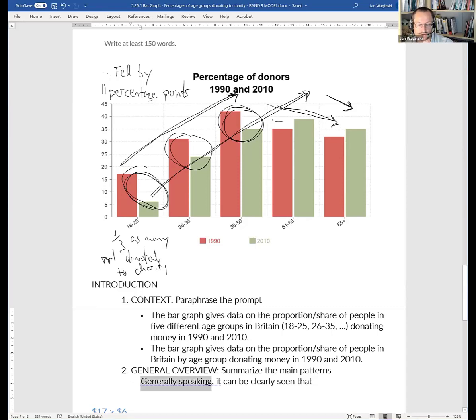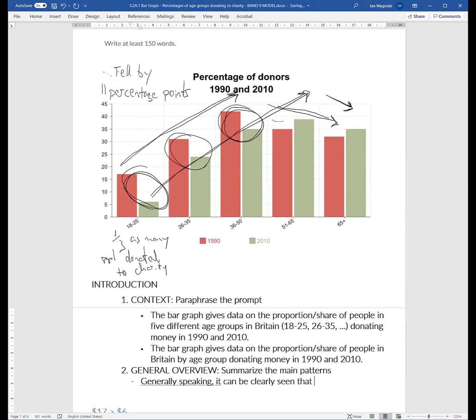And it can be clearly seen is in passive voice, and you need to show that you're capable of using a wide range of English grammar. So this is you showing that you know how to use passive voice. Okay, keep going.